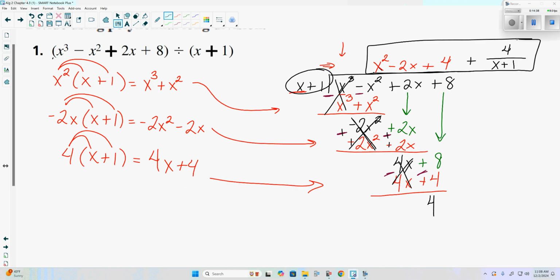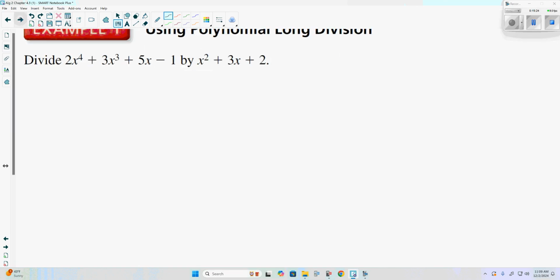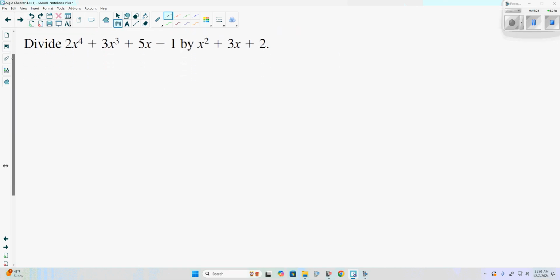It's still going to be by hand, but it's a lot nicer than this. We're going to look at this next one here.